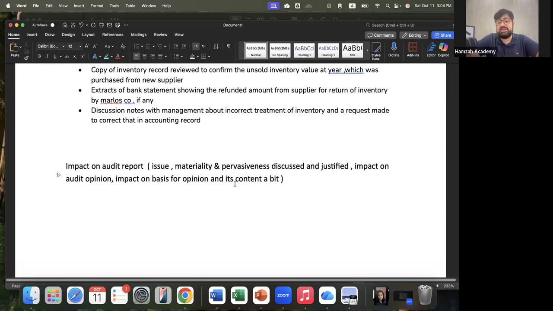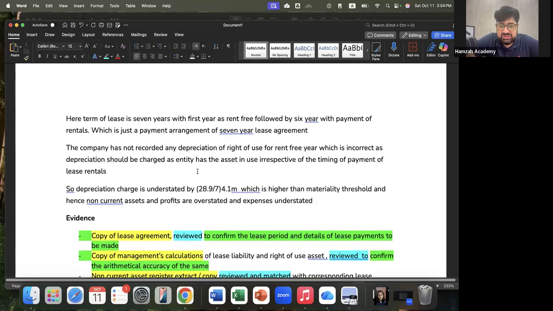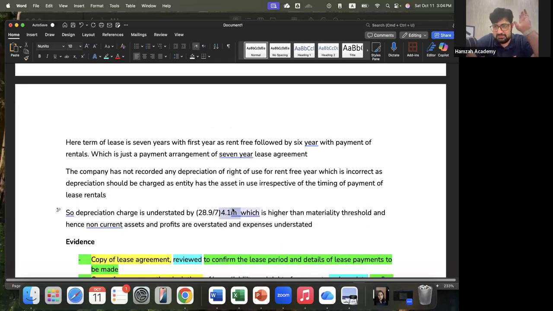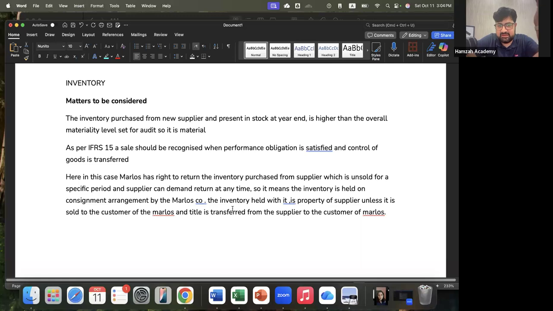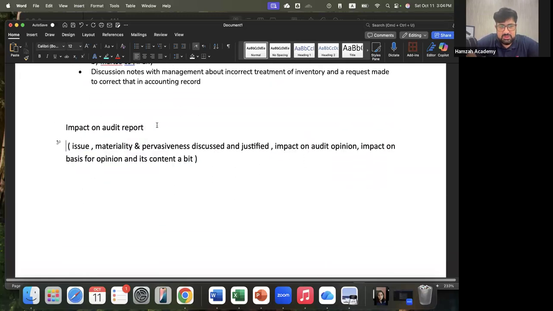So 4 to 5 marks normally it is tested. Here they have not fixed the matter of depreciation, 4.1 million. They said that inventory issues are resolved, nothing else done. So you see here, we will write the answer.